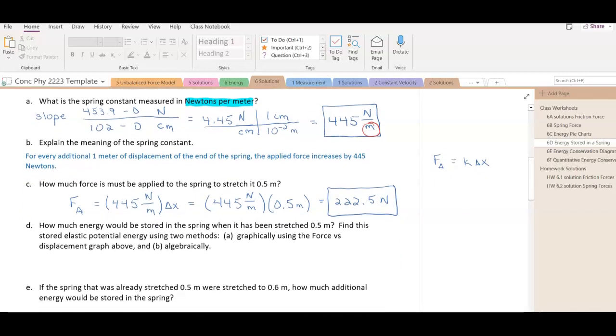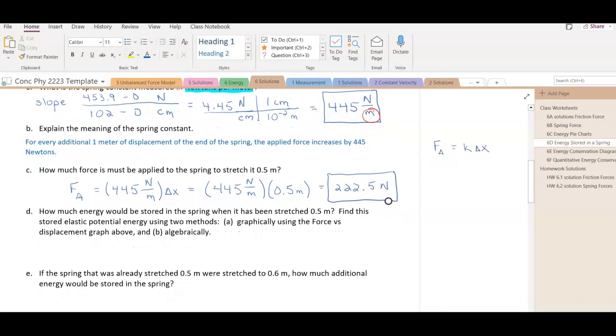Okay, and then how much energy would be stored in the spring when it's been stretched by half a meter? And this energy, it says to show it 2 ways. One is graphically using the graph above, and the other is algebraically. In the lab that we've done, I know that there's an equation that says the elastic potential energy is half of the spring constant multiplied by the displacement squared.